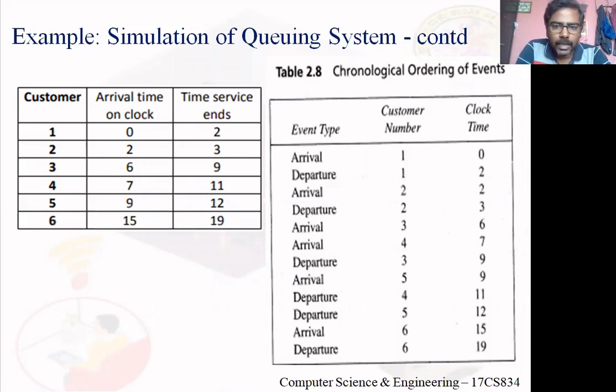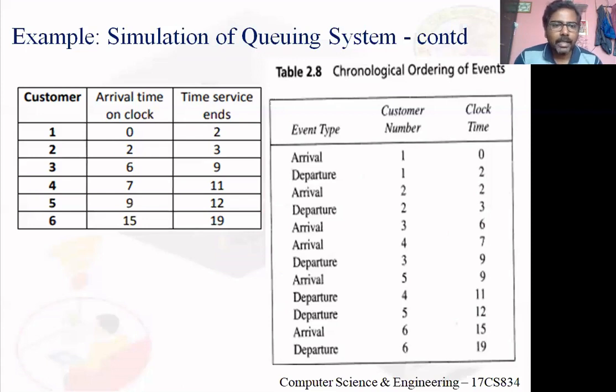Next, at time 7, arrival of fourth customer. Next, at time 9, departure of third customer and arrival of fifth customer. Got it? Next, at time 11, departure of fourth customer.